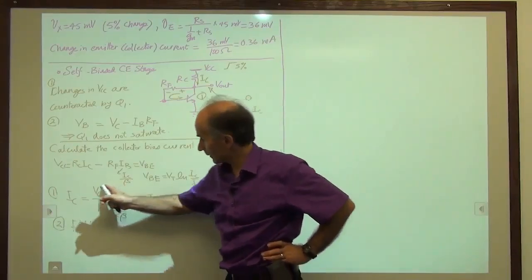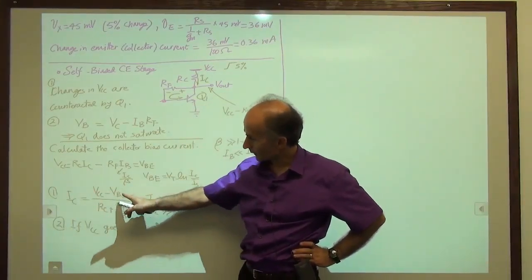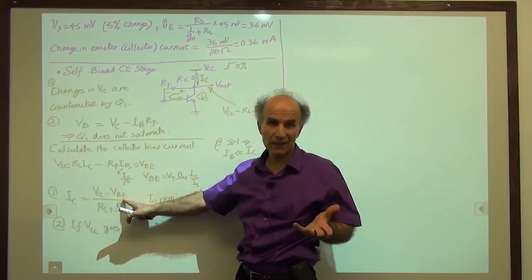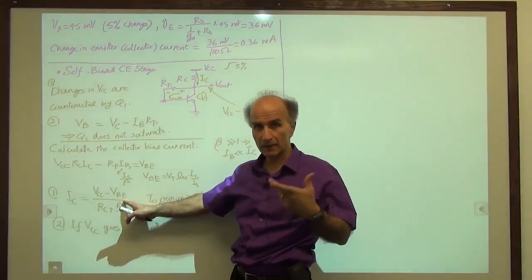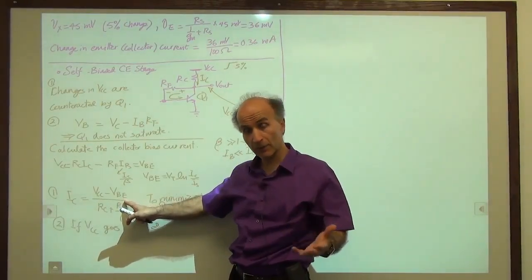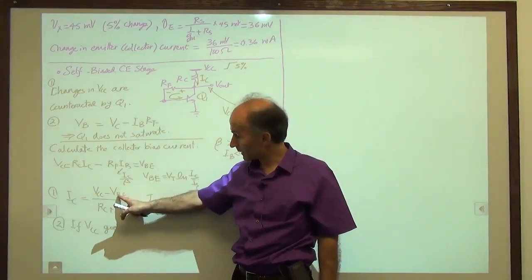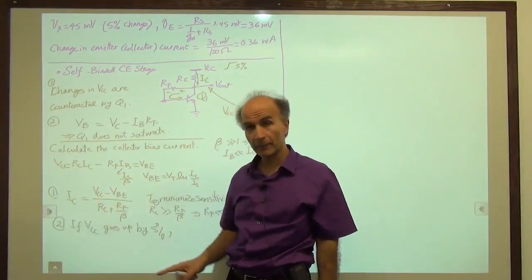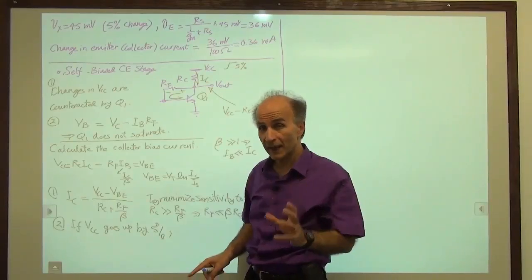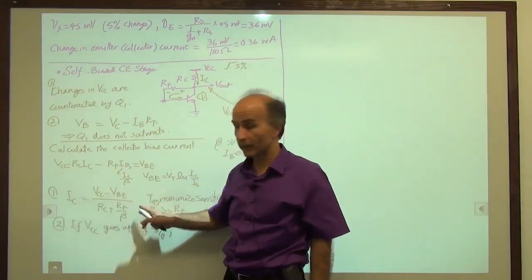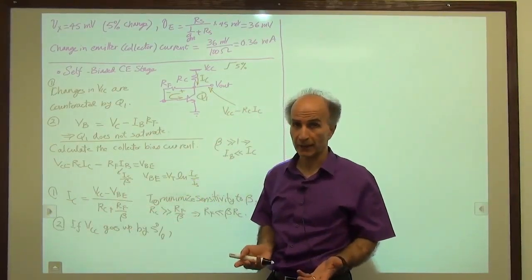Well, let's look at this equation for now. VBE doesn't change much, right? Let's assume VBE doesn't change much and proceed and see what happens. If VBE doesn't change much and VCC changes by 5%, the worst case is that this entire numerator increases by 5%. Right?